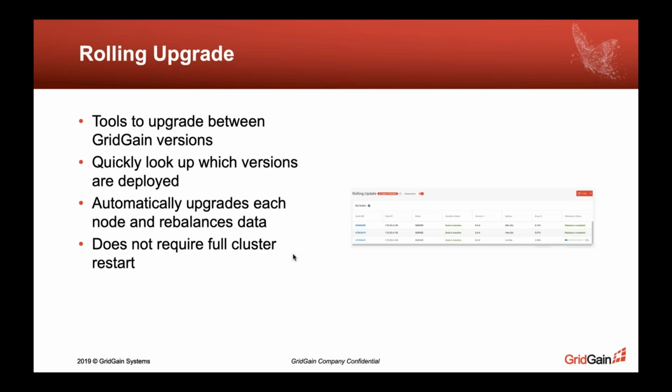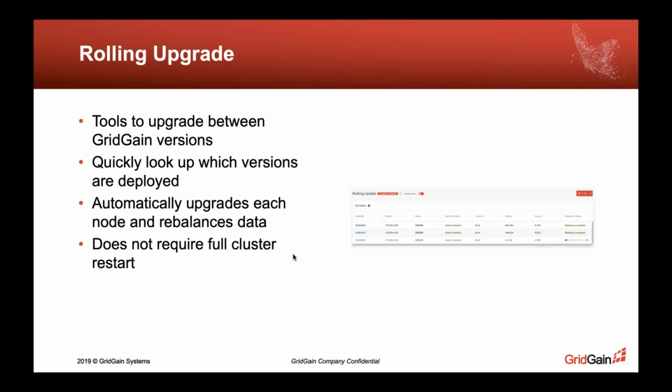So if I'm running, say, some of my nodes are GridGain 8.5, and I want to upgrade them to 8.7, I can use the rolling upgrade feature to go through each node in my cluster and do an upgrade event.